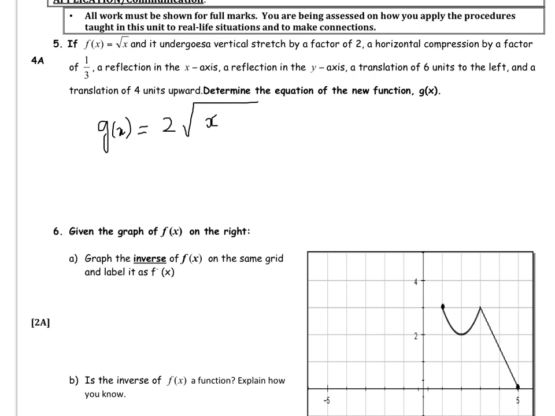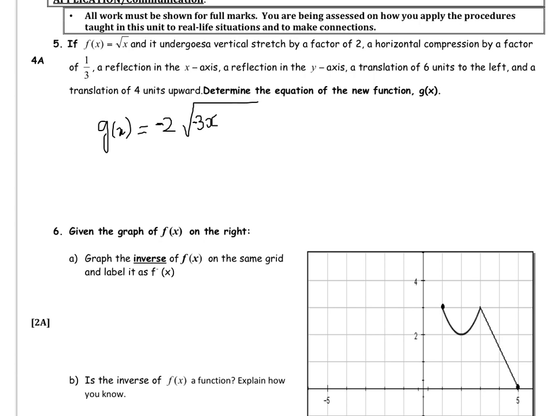Then it has a horizontal compression by a factor of 1/3, so it means that we have a 3 here, 3x. A reflection in the x-axis, so this means there is a minus here. A reflection in the y-axis, so there is a negative here.